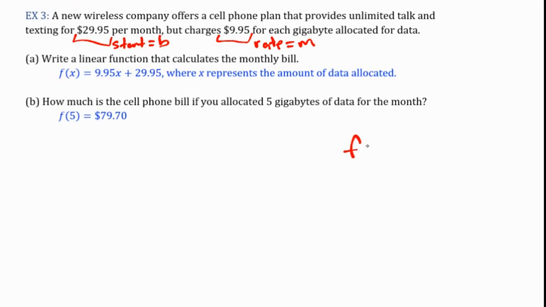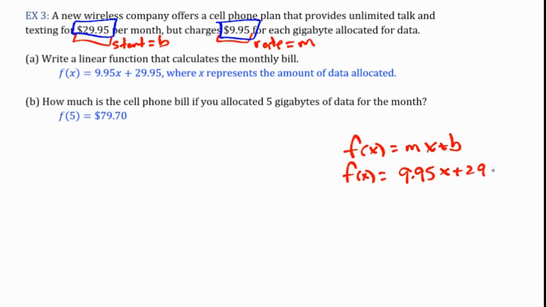So if I have f of x equals mx plus b, and we've identified that 9.95 is the slope and 29.95 is the y-intercept, then we can write that f of x is 9.95 times x plus 29.95. And that is the equation here, where x represents the amount of data allocated.